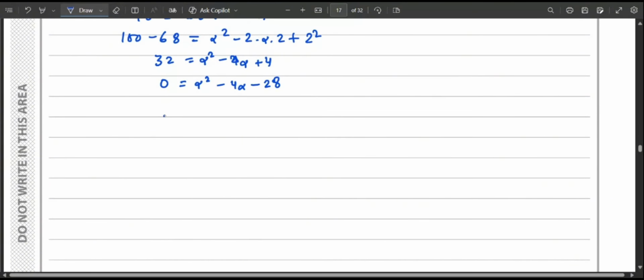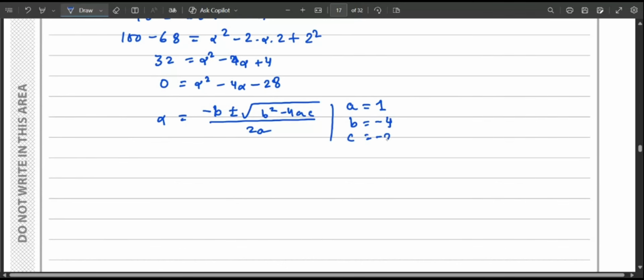So instead we can use the quadratic formula. The quadratic formula states that alpha is equal to minus b plus minus root of b square minus 4ac, divided by 2a. We know from our equation that a, the coefficient of the x square term, is 1, b, the coefficient of the x term, is minus 4, and c, the coefficient of the constant term, is minus 28.